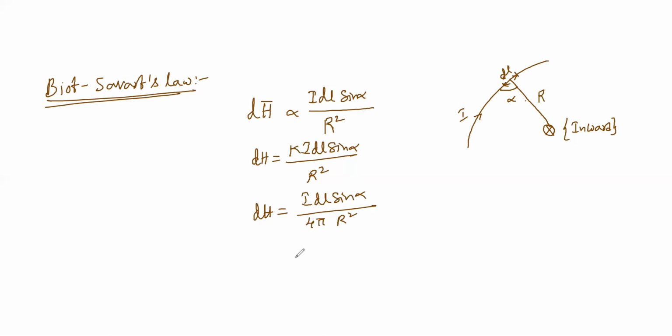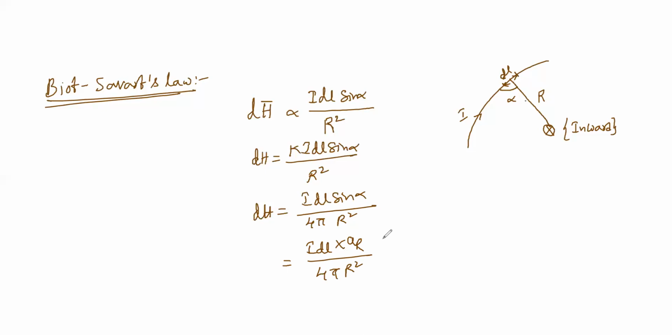We can write it in terms of a cross product along with the unit vector: dH equal to I dl cross aR divided by 4 pi r square. This is what is called Biot Savart's Law.